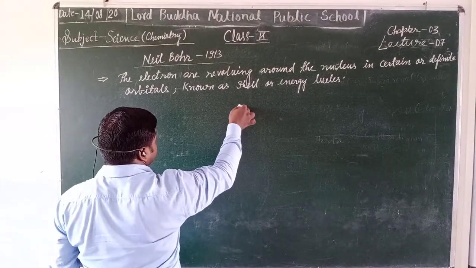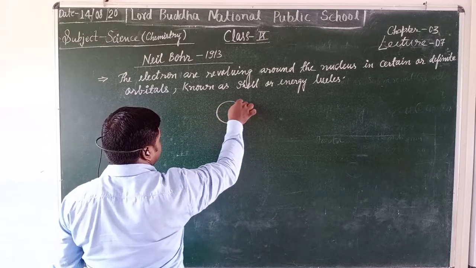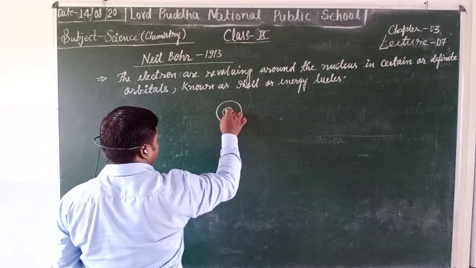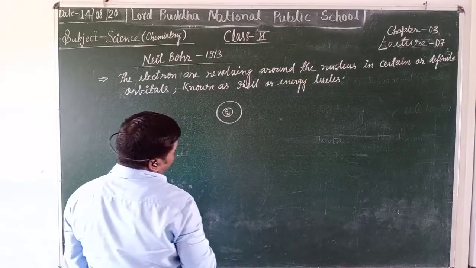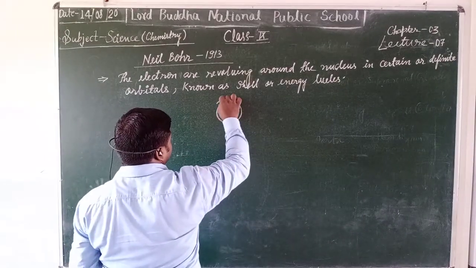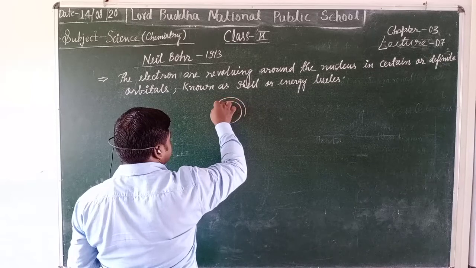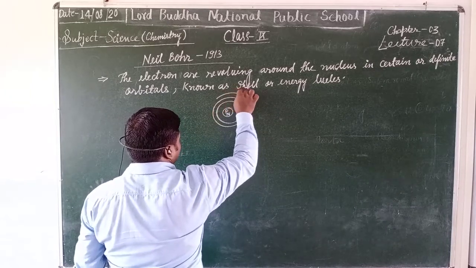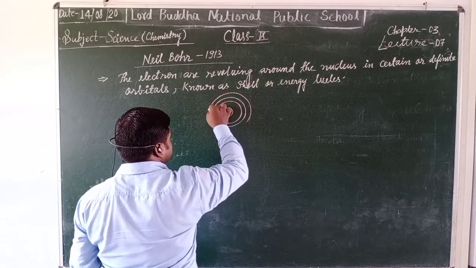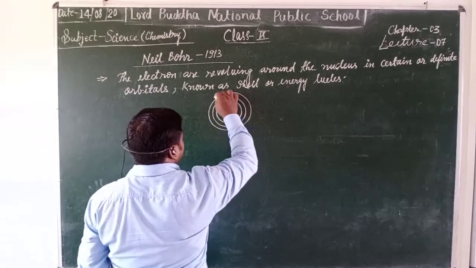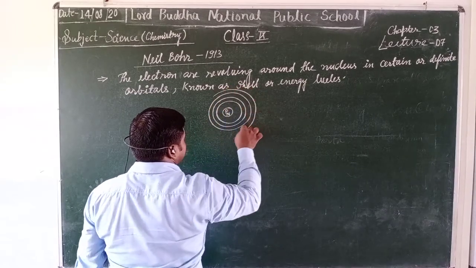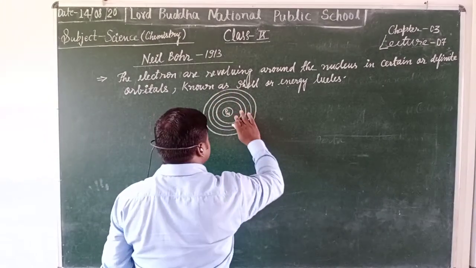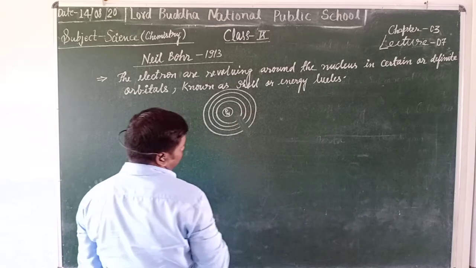If we are discussing the shells and energy levels, then this is the nucleus containing protons and neutrons, and around the nucleus there are certain spherical or orbital structures that are called stationary energy levels, as suggested by Niels Bohr.